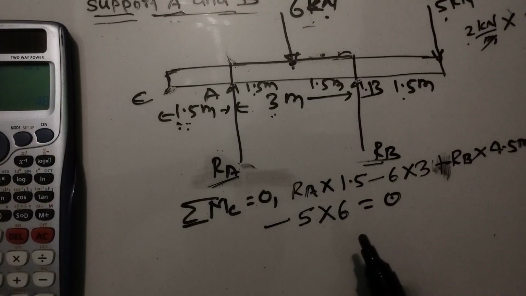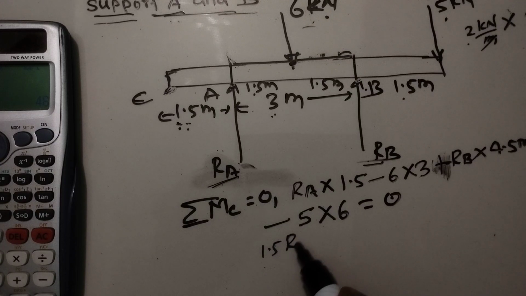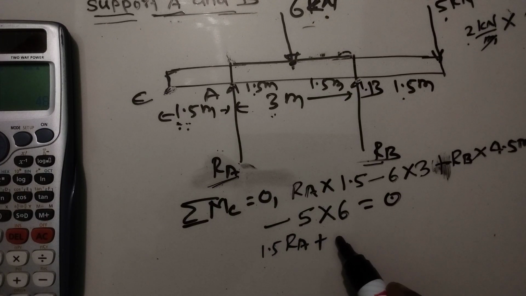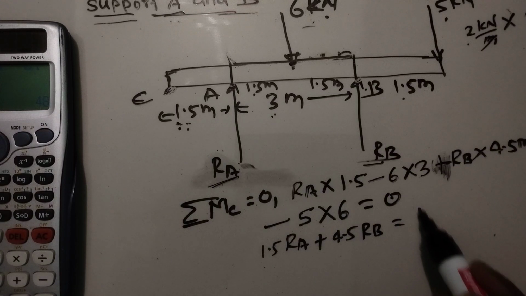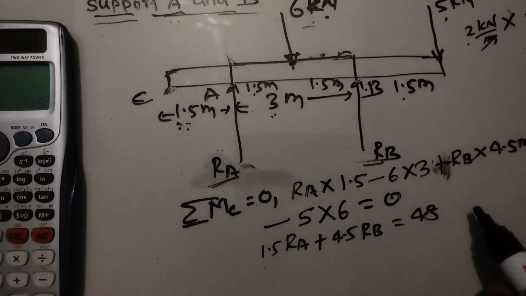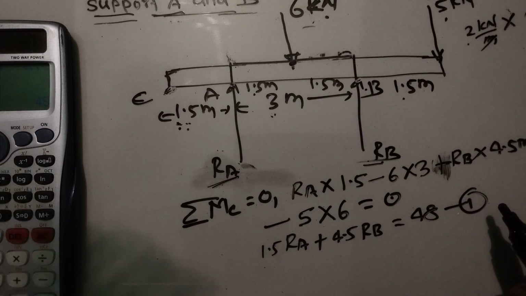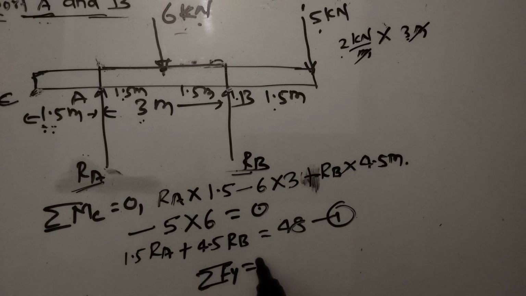Now we solve this equation. That will be 1.5 RA plus 4.5 RB equal to 48. Suppose this is the first equation.